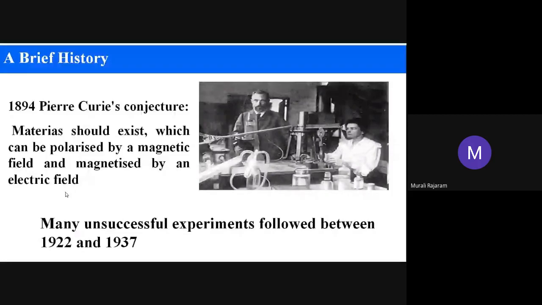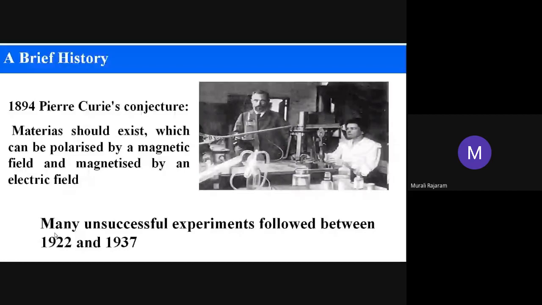Okay. So we should remember that ferroelectric materials were not invented at that time. Ferroelectric materials were invented only around the late 1920s.